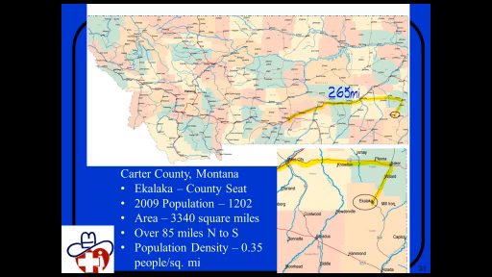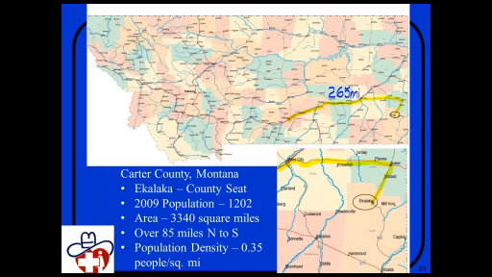This next slide shows you, as I stated, I would tell you how to get to Ekalaka and some facts about Carter County, but I want to make a comparison with Carter County that I like to share with people, and that is to the island of Puerto Rico. They are roughly the same size area-wise, although Puerto Rico is not quite a couple hundred square miles larger.